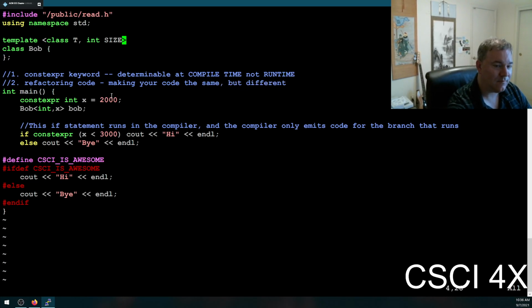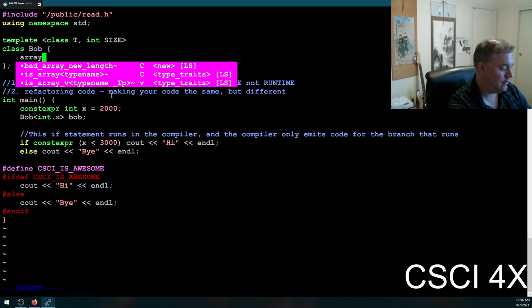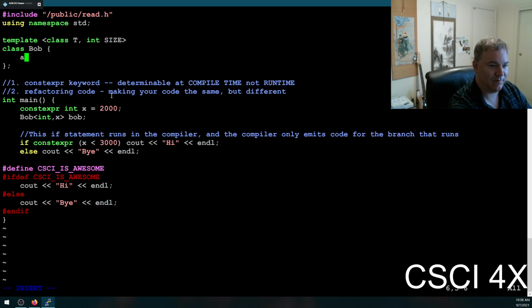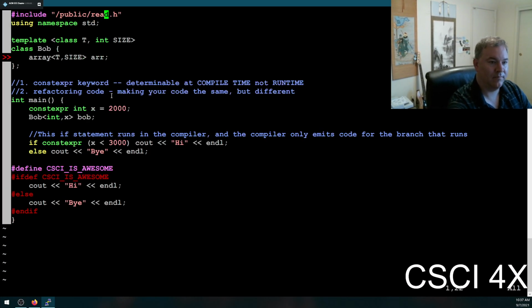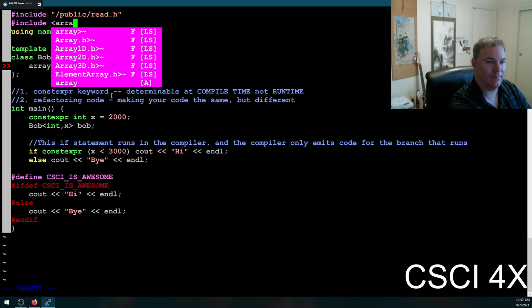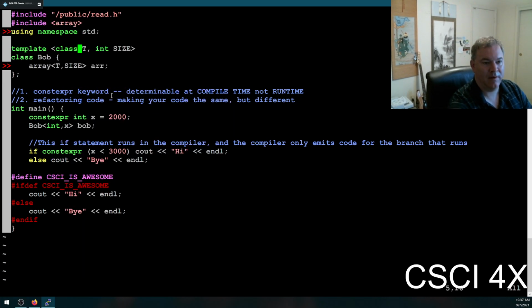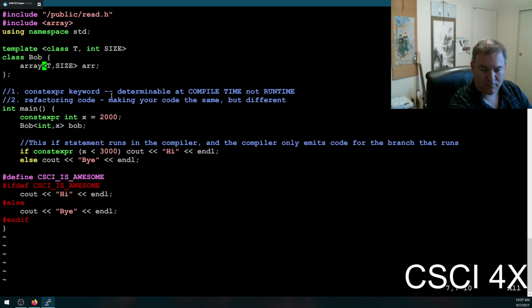So if we have this compile time parameter, and we had, let's say, array int size, this won't work if you're going to be reading in the size as a command line parameter.